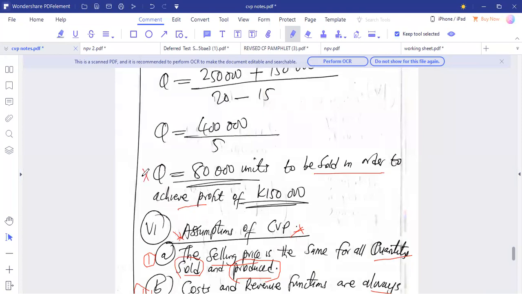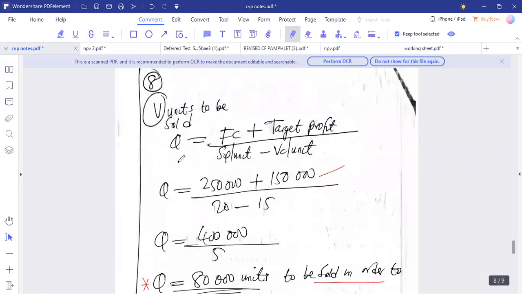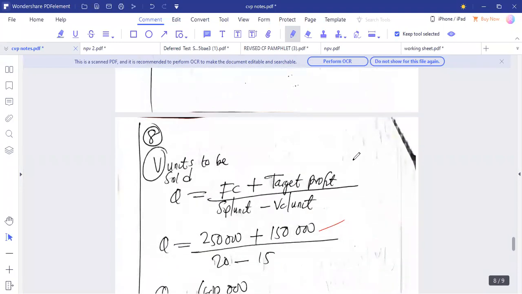Is it clear so far? Sir, let me just have a look at the formula again for the target units. The formula is this one here: Q is equal to fixed cost plus the target profit over the selling price per unit minus the variable cost per unit.